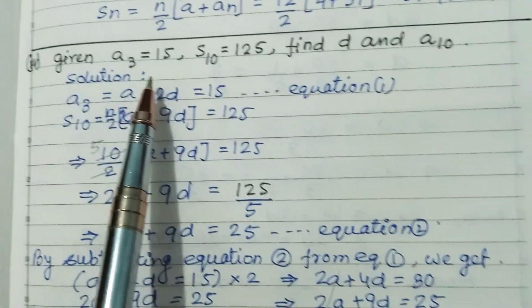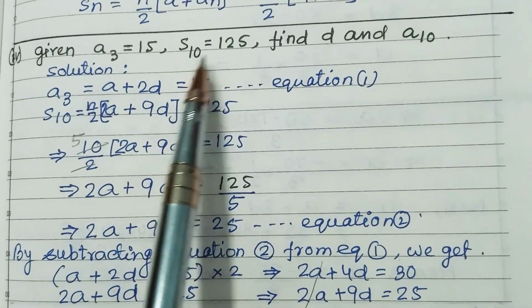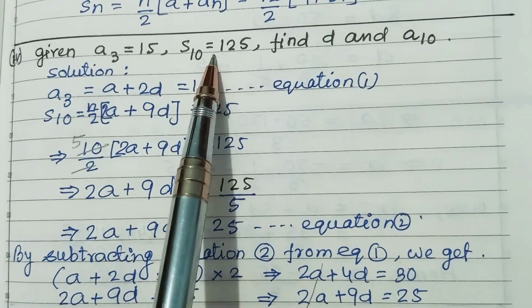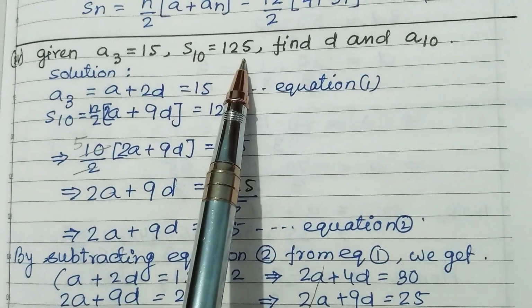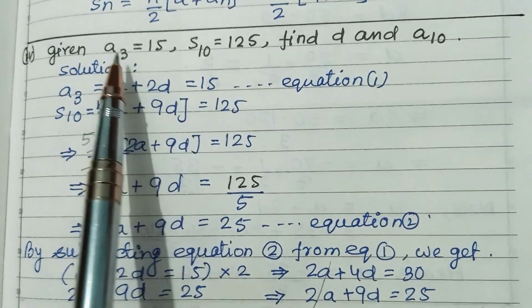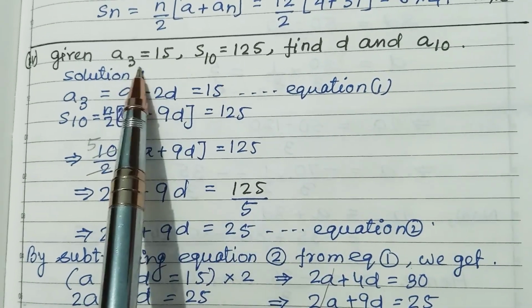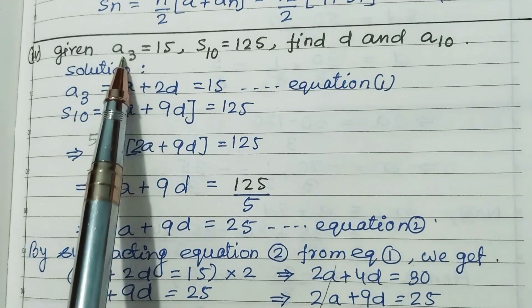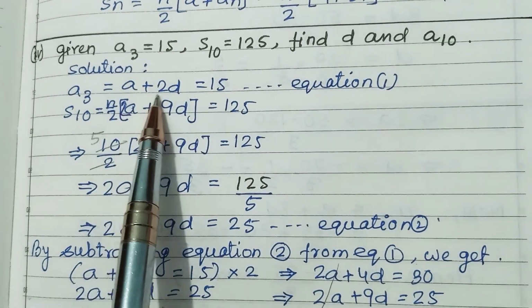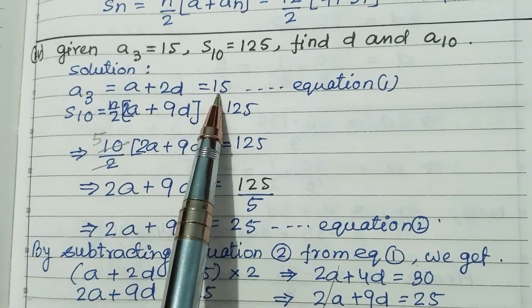Next, given a3 is equal to 15, s10 is equal to 125. s10 has been given, so we use this formula, and a3 has been given, so we use another formula. So we can get two equations here. Now a3 is 15, so a plus 2d is equal to 15, one equation.